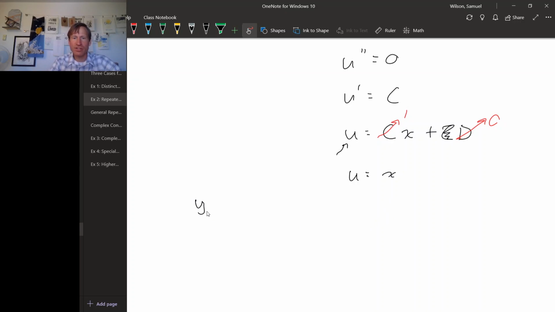Our first solution was e to the 2x. Our second solution, since we're doing reduction of order, was u times y1, so that means x times e to the 2x.